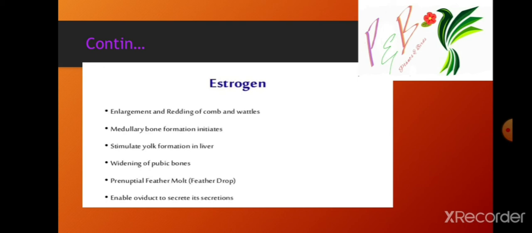Medullary bone is like a stomach: in the ovarian part there is a bone-like formation which will bulge before the hen lays the egg.